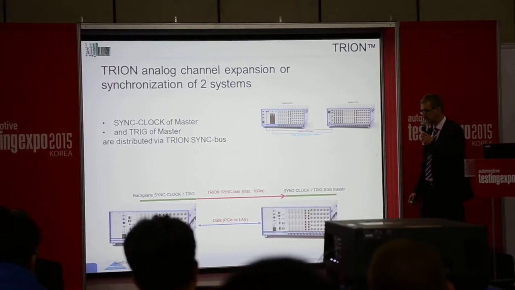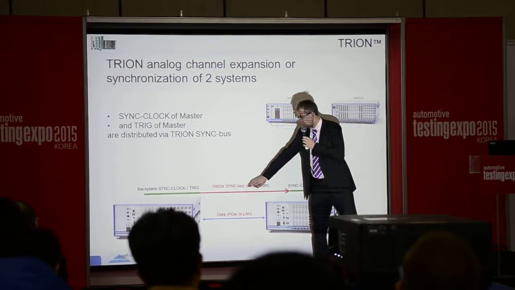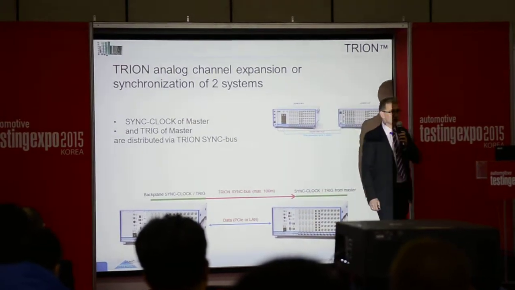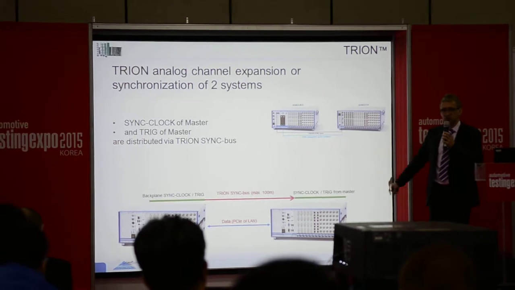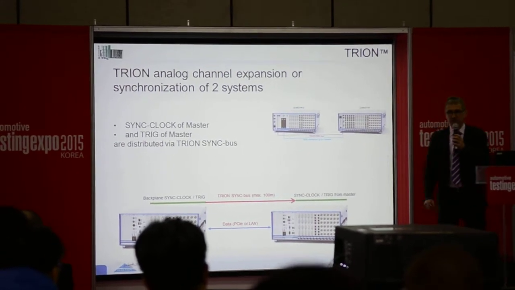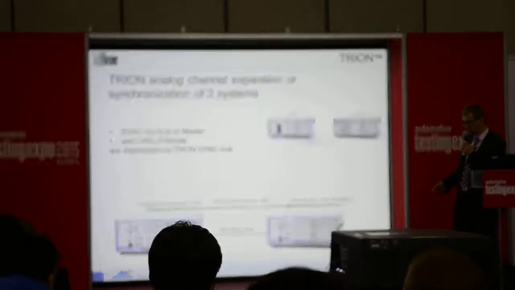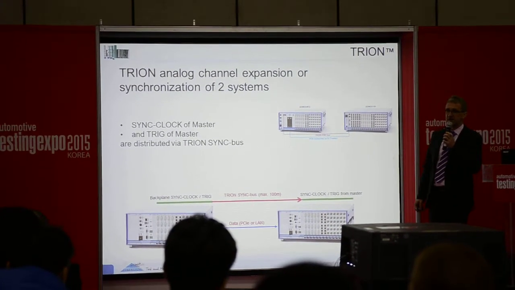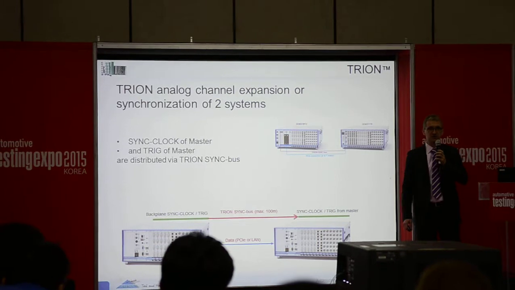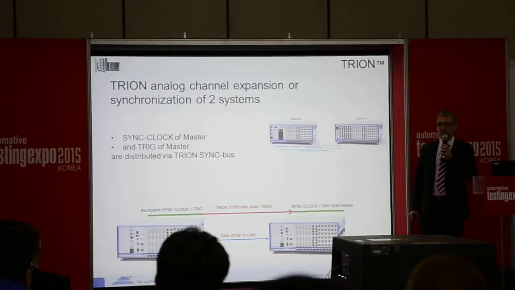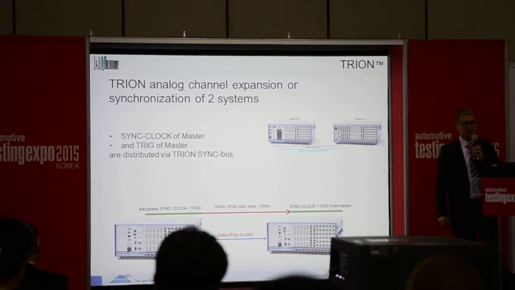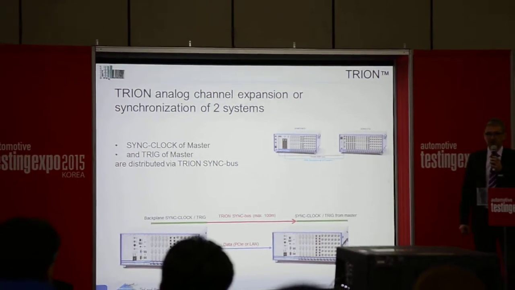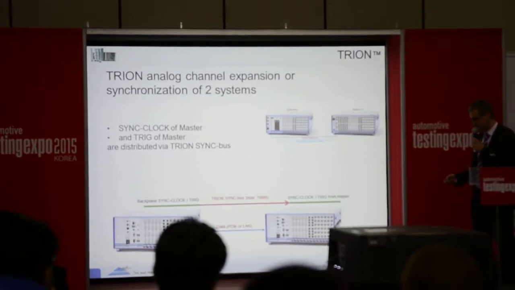it to that system, and this is done over what we call the TRION sync bus to just expand the synchronization capabilities. The TRION sync bus is an LVDS, so a low voltage differential signal, which we use to be as much resistant against electromagnetic interference as possible.